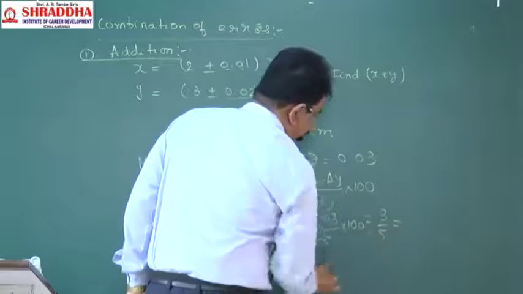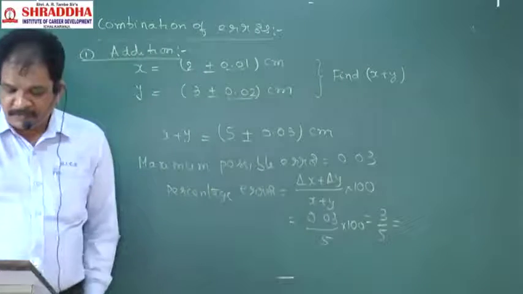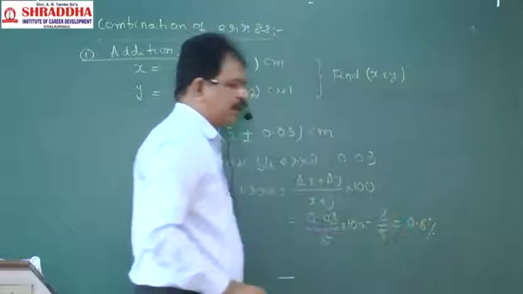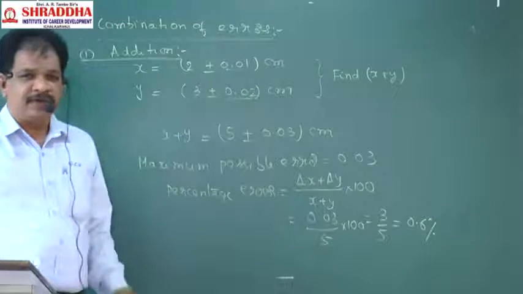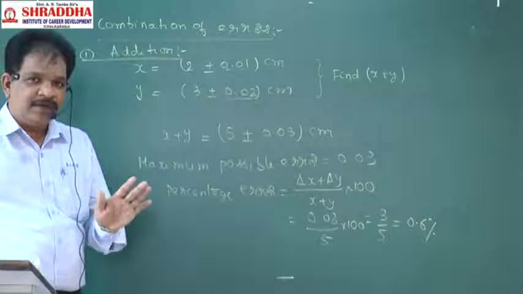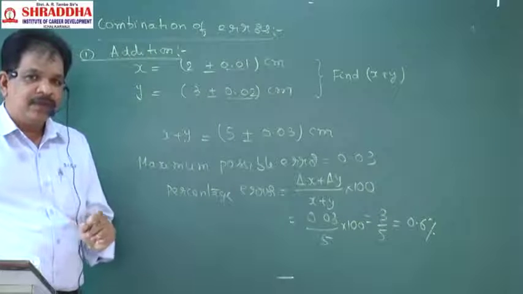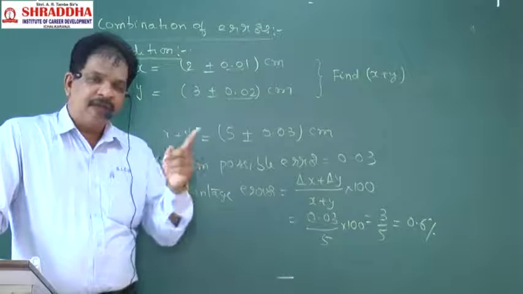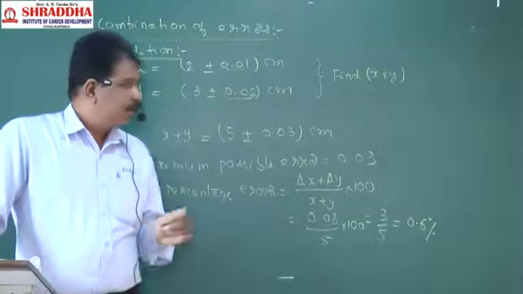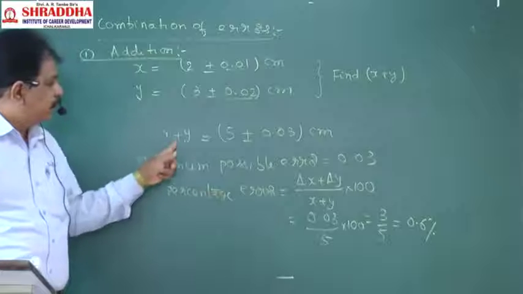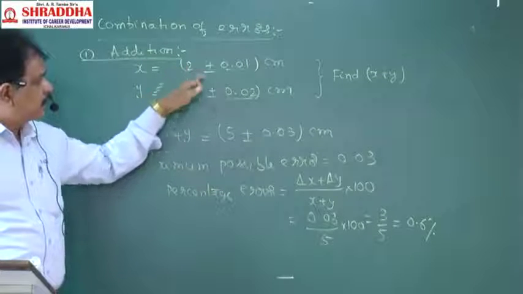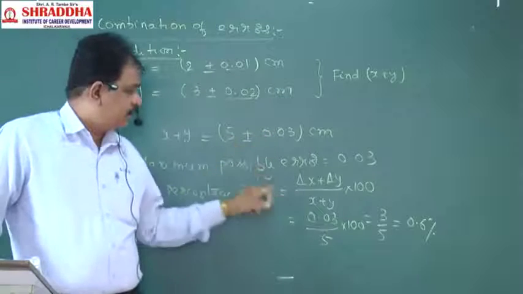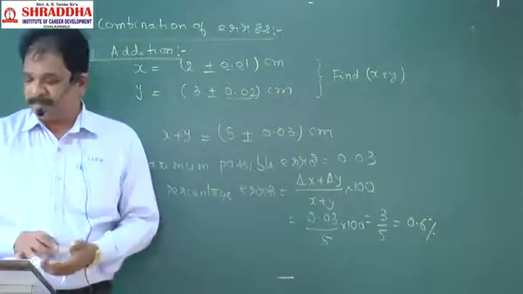This is 3 by 5, so that value will be equal to 0.6%. Like this you have to calculate. Is it understood? They will give two values. They will ask to calculate the maximum possible error, meaning add those two errors, and find a plus b, x plus y. Add the errors and write. Percentage error means this by this into 100. Okay? Next.